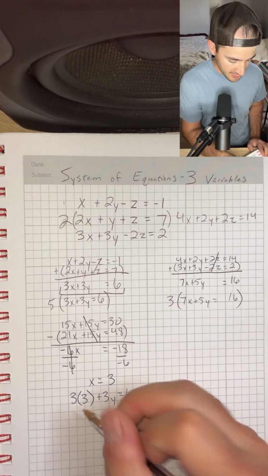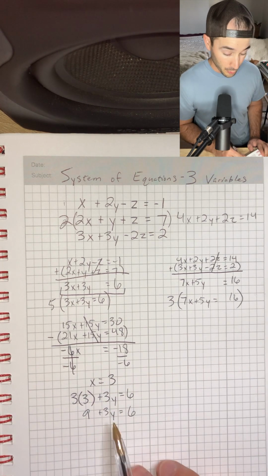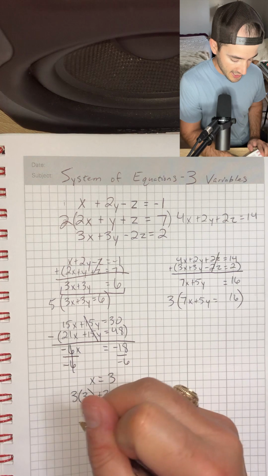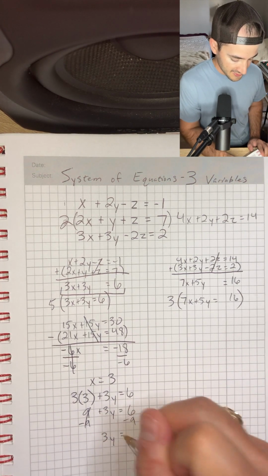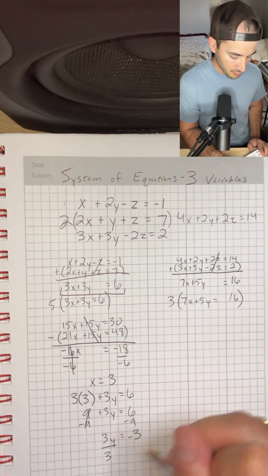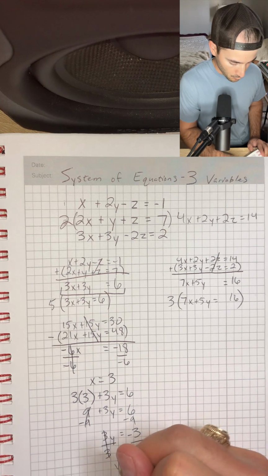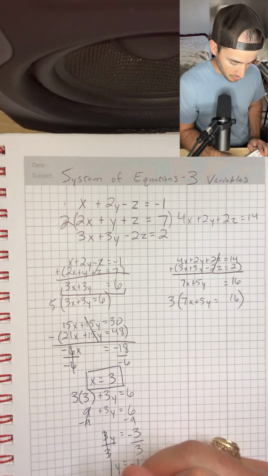So 3 times 3 is 9, plus 3y equals 6. We want to get y by itself, so we're going to subtract 9 from both sides to get 3y is equal to 6 minus 9, which is negative 3. Divide by 3 on both sides, so y is equal to negative 1. So we know what x is, we know what y is.